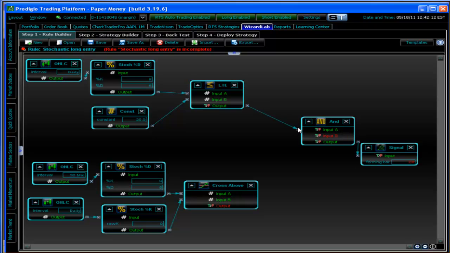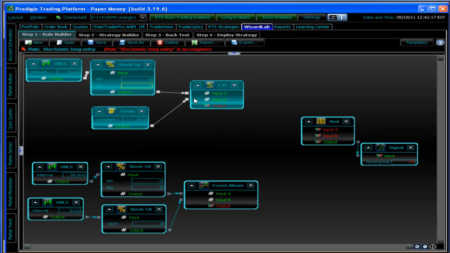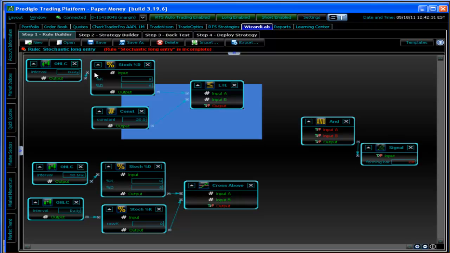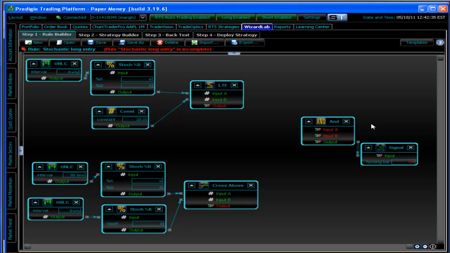So I broke it apart from the AND, and instead of using this, which is only 1, 2, 3, 4 different studies in the rule, I'm still going to do this anyway just for demonstration, because you can build really complicated rules, and if you do that, it makes it much more manageable if you break it down. So let's take this part and save this part first.